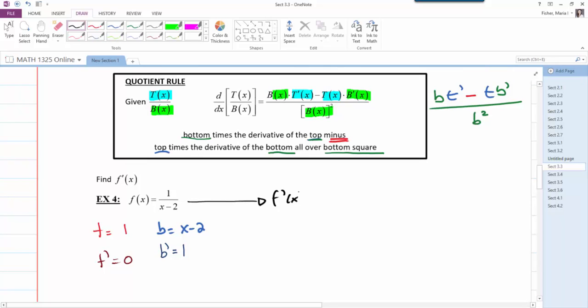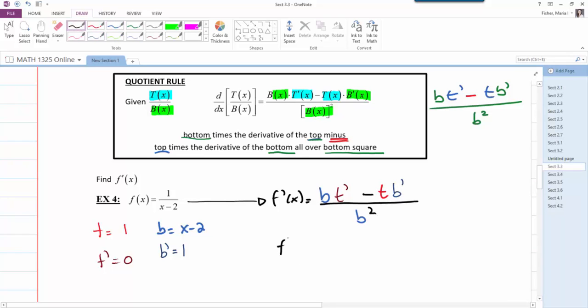F prime of x is going to equal, remember our formula says, it's going to be the bottom times the derivative of the top minus the top times the derivative of the bottom all over the bottom squared.